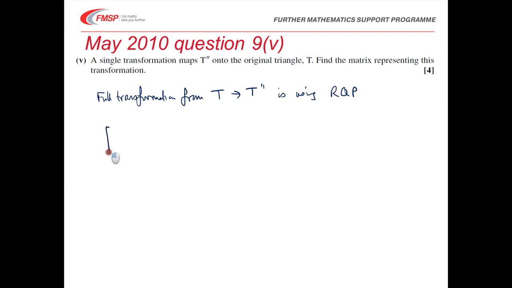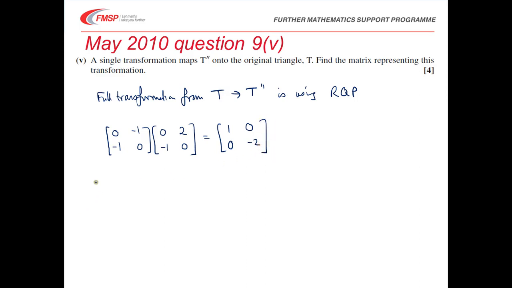Well, we already know QP, so R is 0, minus 1, minus 1, 0. QP we've already worked out is 0, minus 1, 2, 0. And that gives us 1, 0, 0, minus 2.